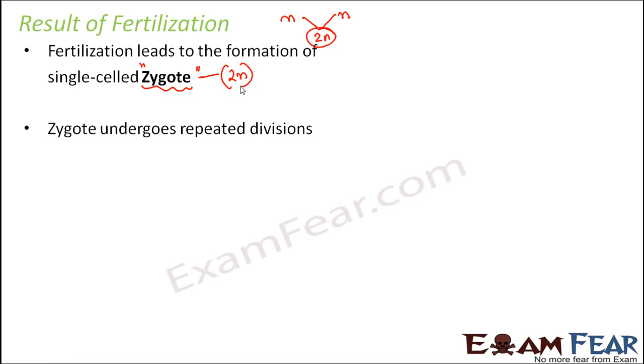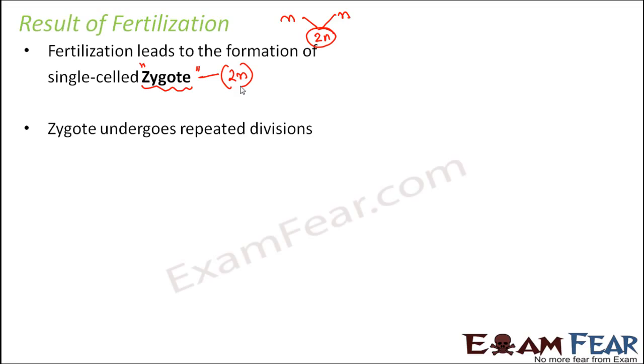But this one cell undergoes repeated mitotic divisions, and as a result of mitotic division, the ploidy remains the same. Diploid will remain diploid, but the number of cells keeps on increasing from 1 to 2, 2 to 4, 4 to 8, 8 to 16, and so on. These divisions keep taking place very rapidly.